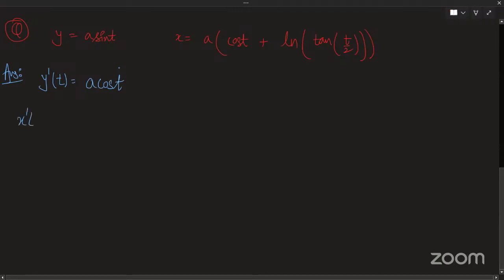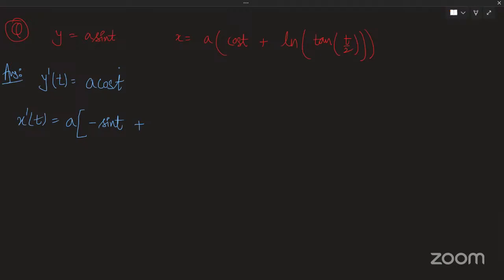Let us try this one. This one looks a little bit tougher, but it is actually not. So a can be taken out common, and you are left with cos t. What is the derivative of cos t? Minus sin t. Great. Over here, you have natural log of tan of t by 2. Can you differentiate this directly without creating a web chart? The web chart takes a really long time.